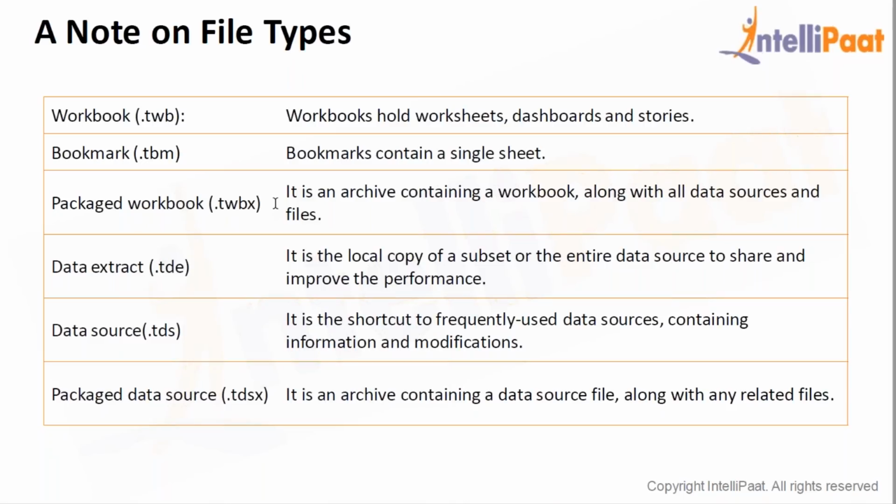Then we have the Tableau data source .tds file extension, right? So when you connect with your data source for the first time, you will have some modeling or formatting work to do. And this particular .tds file contains the information required to connect to your data source, as well as other custom and calculated fields, such as changing aggregations, creating groups and sets.